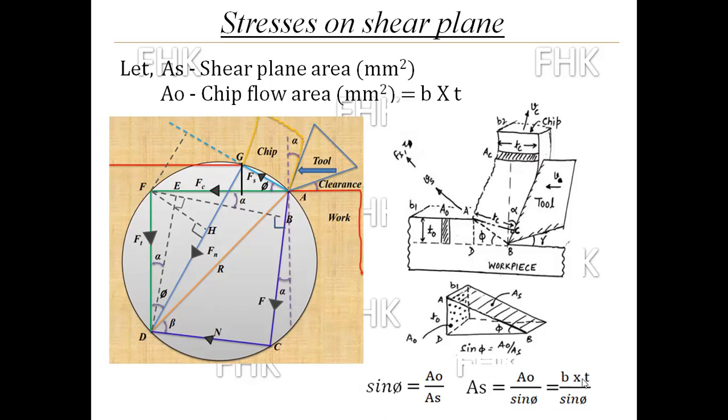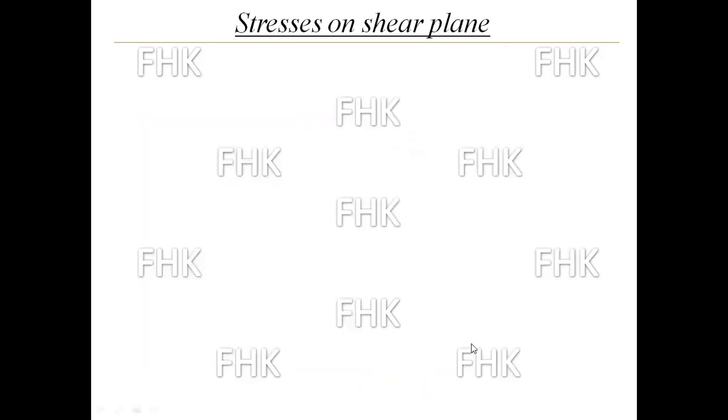But for the expression, I'm taking only the B width, because that width will be the same on the A0 area and AS area. So I'm considering only B into thickness, T. AS is equal to B into T divided by sine phi.